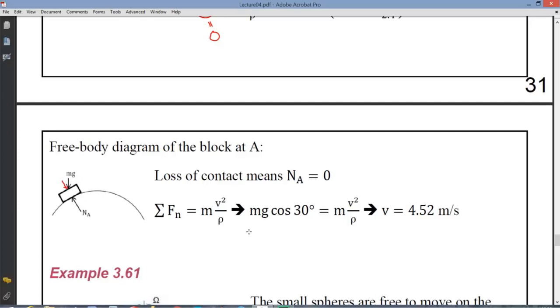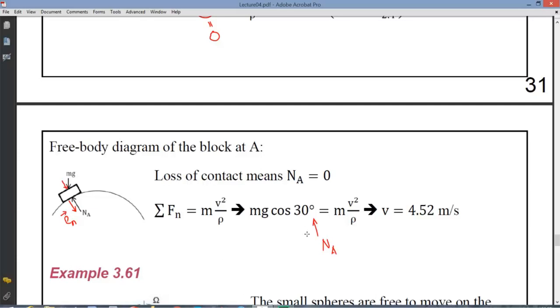Actually, in this equation, we should have this NA as a negative direction, because still we are writing this equation in the n direction, right? This is the en unit vector direction.